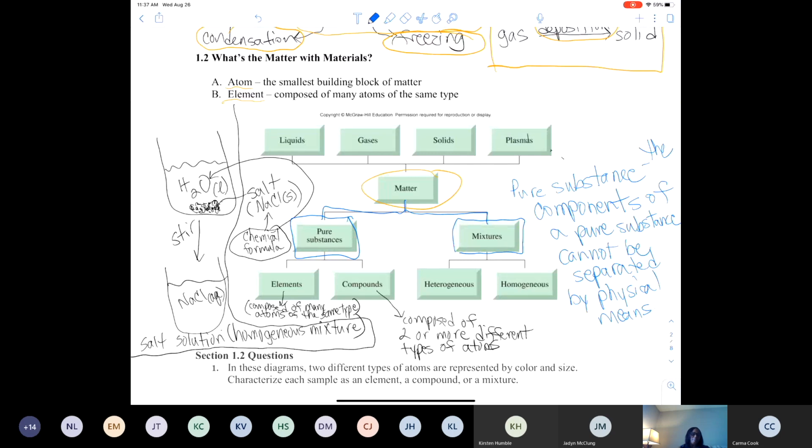However, the components of a mixture can be separated by physical means.